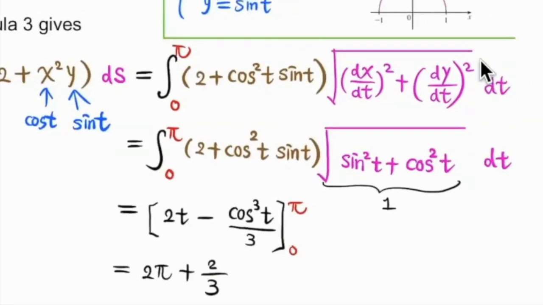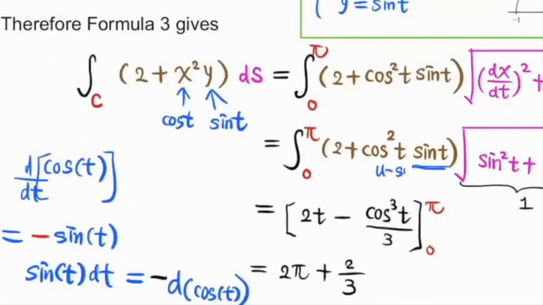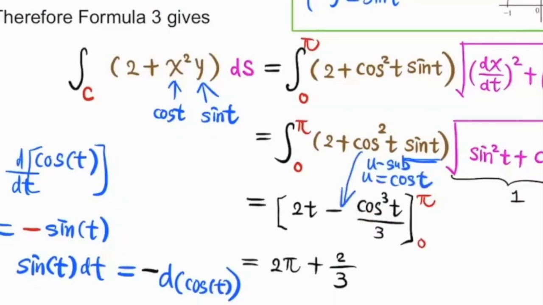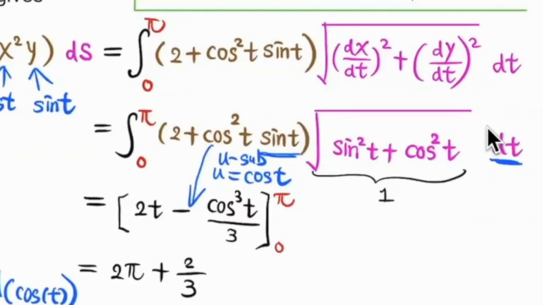So then this integral will be, and then we find the antiderivative of 2 is 2t, the antiderivative of this is this. What kind of method do I use to find the antiderivative here? Do you guys remember from Math 110B? Yes, u sub. And that u equals cosine t. You should get this. All right, so just do the calculation and that will be the result.